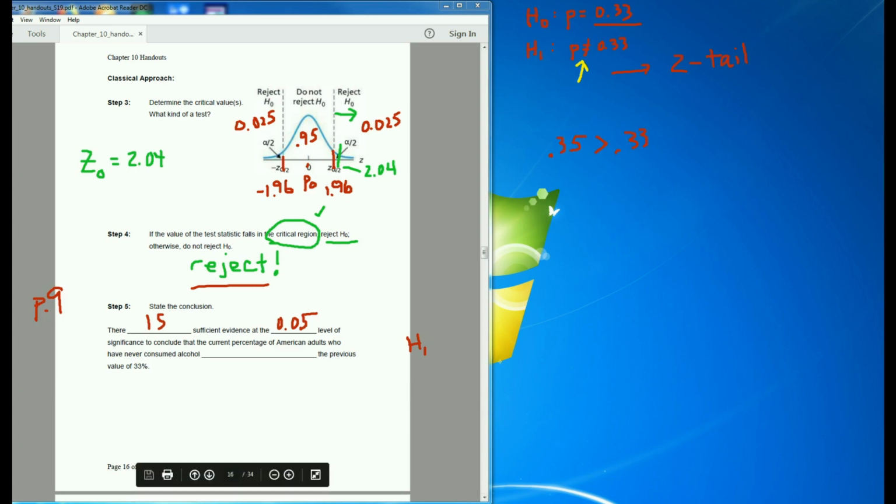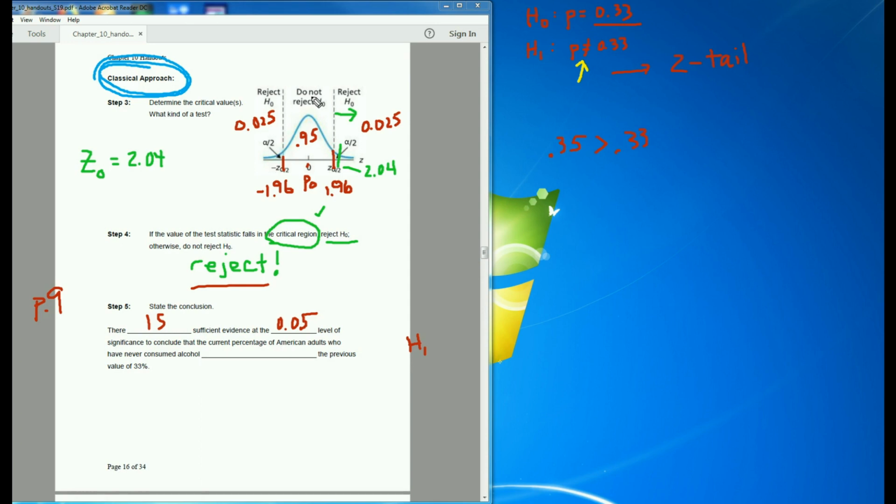All right, so that whole method that we just did is called the classical approach to hypothesis testing, which involves taking the significance level, finding the critical values, which then identify the rejection regions versus the do not reject regions.